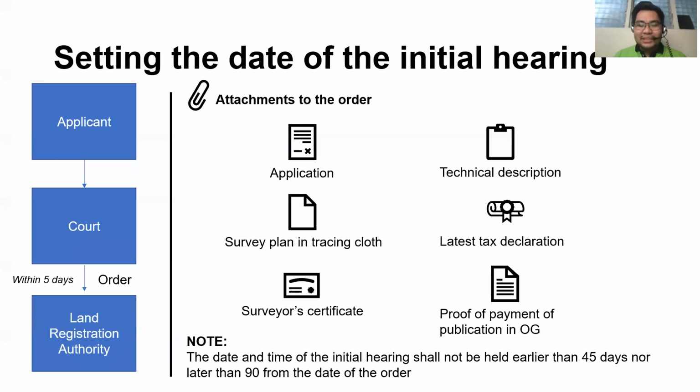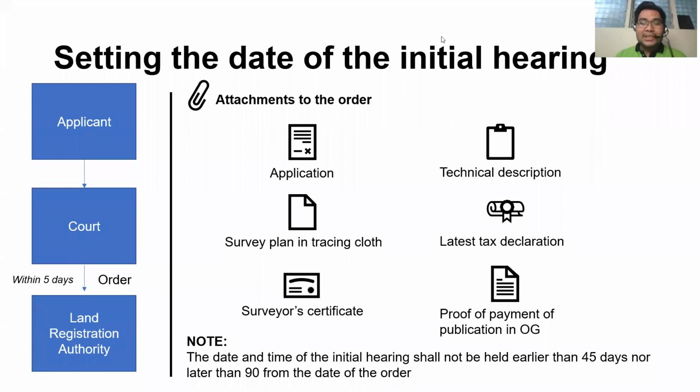Next slide, please. Within 5 days from the filing of the application, the court shall issue an order setting the date and time of the initial hearing of the application according to Section 23 of PD 1529 and LRC Circular Number 353.